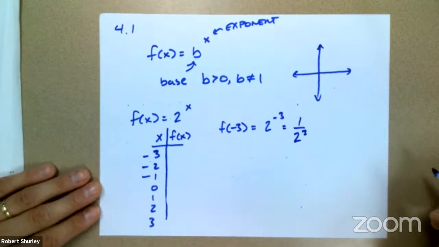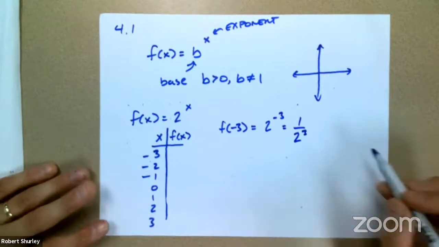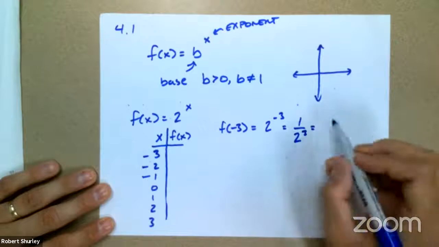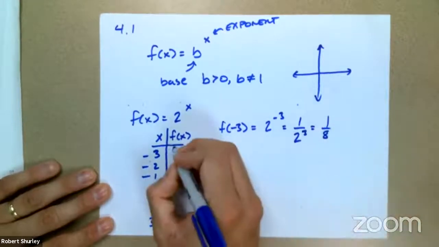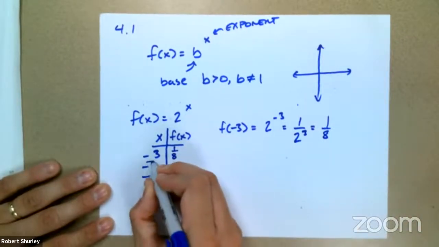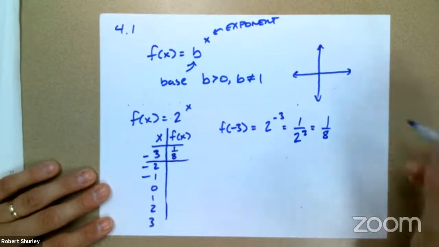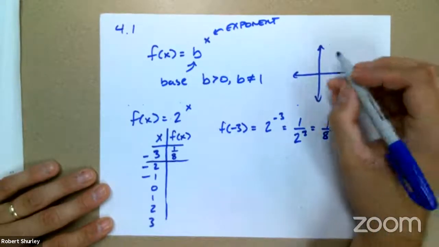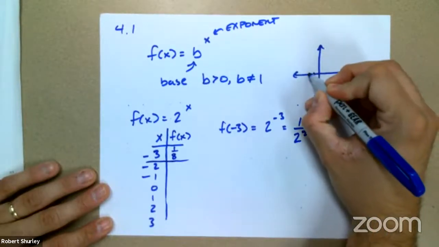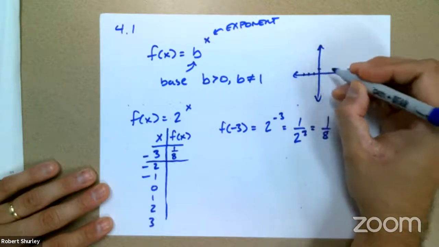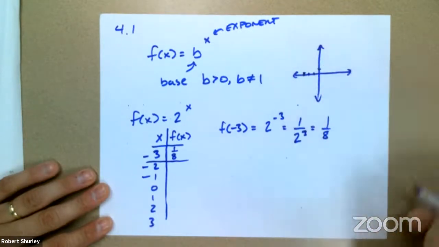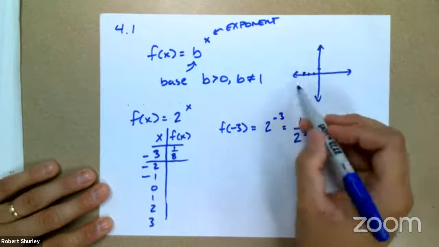You guys remember that from last semester? Yeah, we've slept a little bit, but it's there. 2 cubed is 8, so we get 1/8. That's one coordinate, so I'm going to try to graph that. It's kind of hard. That's about right there. So -3 and 1/8.